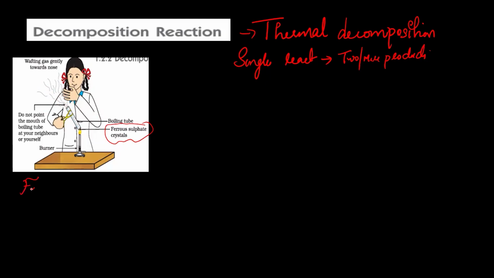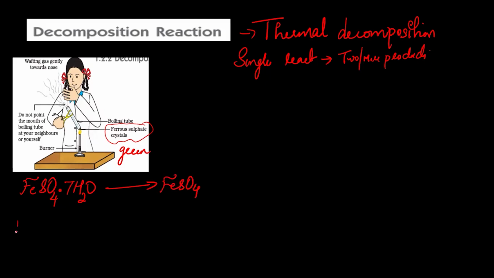Actually, ferrous sulfate crystal was in the form of FeSO4.7H2O. It is green in color. When we heat that, this water will be removed, and you will be getting FeSO4.